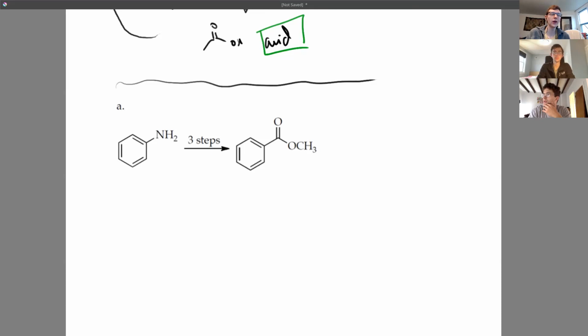Well, I guess we could think about the ways we know how to make carboxylic acids on aromatic rings, right? I have a suggestion, but it's not going to be 3 steps. I think you could use NaCN and then H3O plus, but that's going to take 2 steps of our 3.